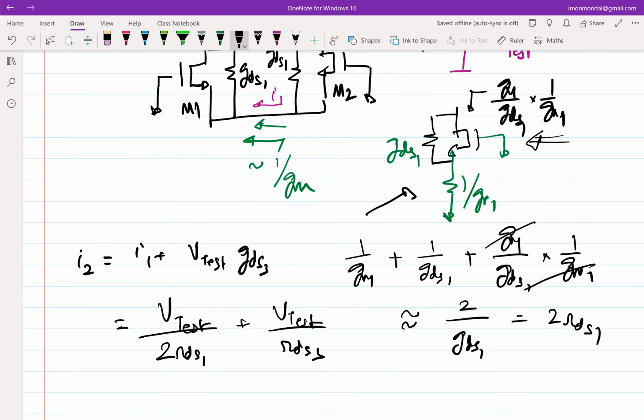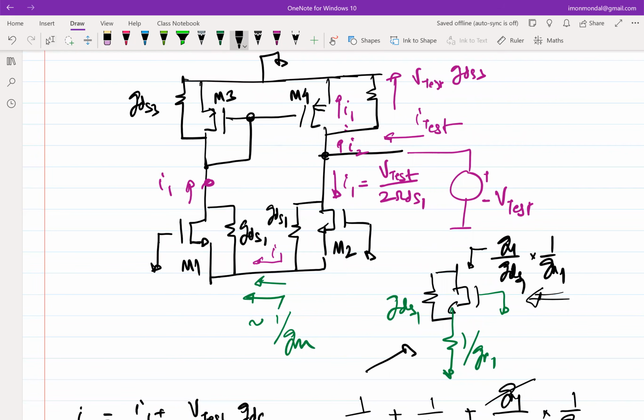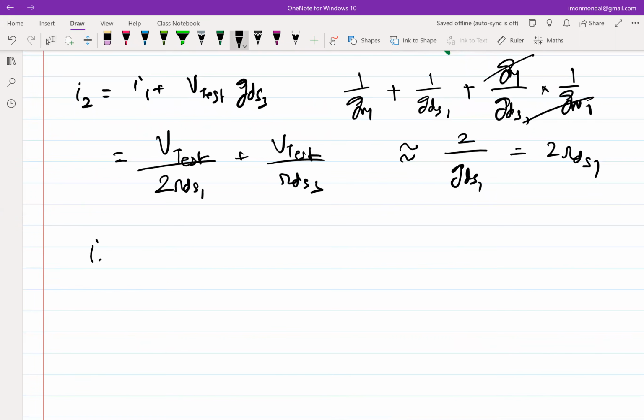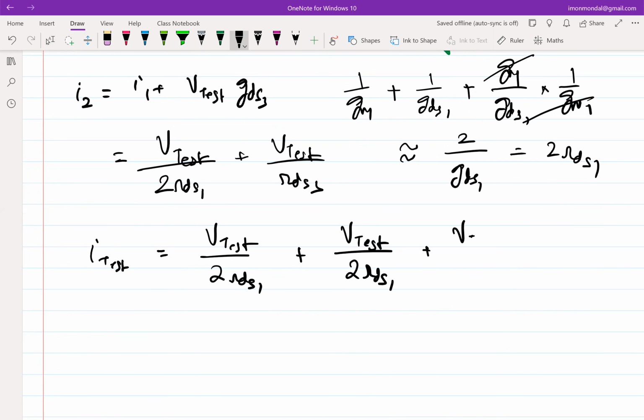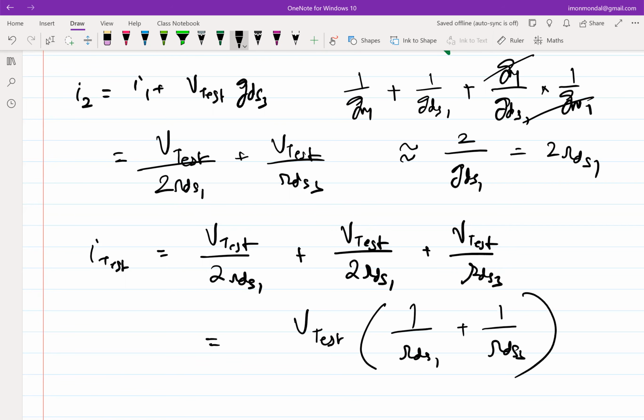Okay. So what is the total short circuit current? What is I test? It is basically I1 plus I2. I1 is V test by 2RDS1, and I2 is this entire thing, which is V test times 1 by RDS1 plus 1 by RDS3.